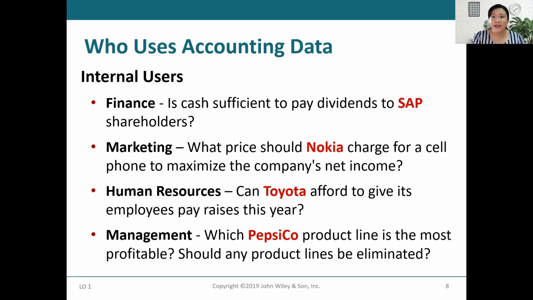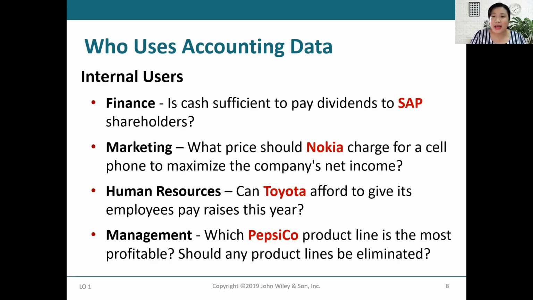So the finance department has to decide whether they have enough money to pay dividend. Dividend is a kind of interest to the shareholder. Shareholder means investor. So they need to use accounting data to answer this question.